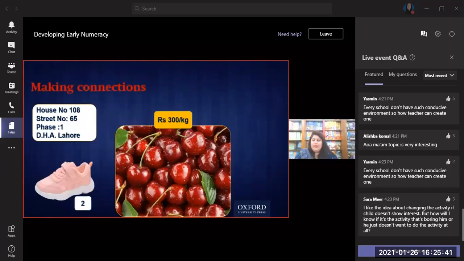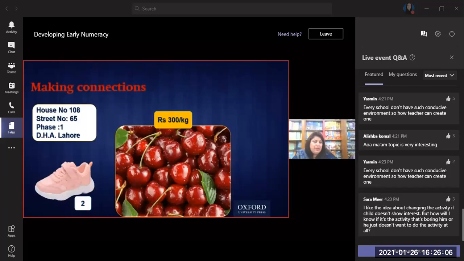And then it is very important to use real life numbers all around them. Like if you are planning to visit any relative, then talking to them about their house number, their street number, and also about the house number and street number of their own house.